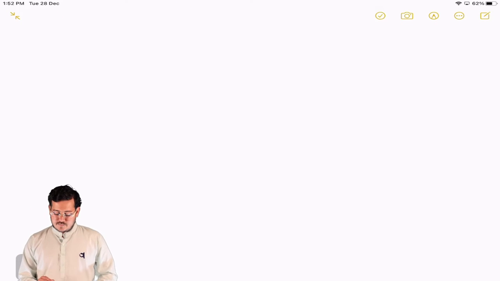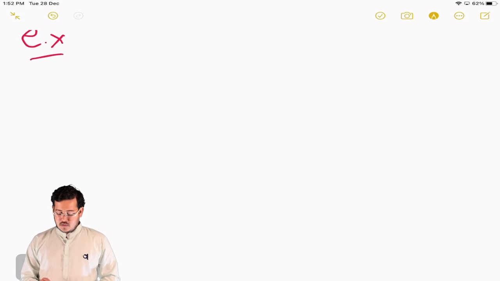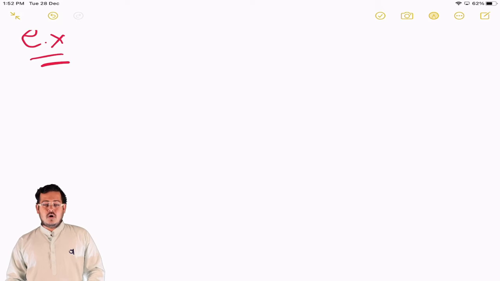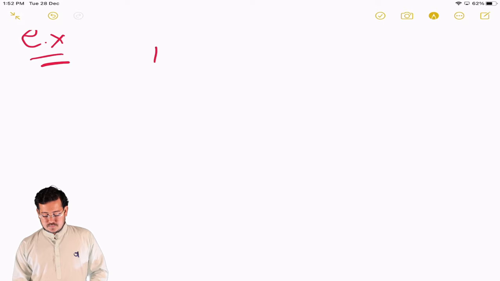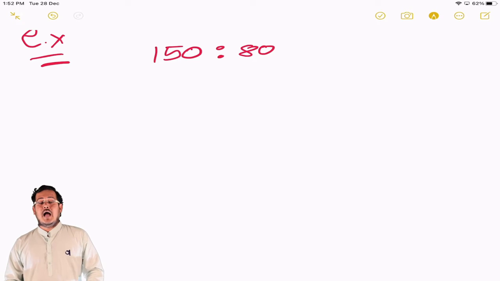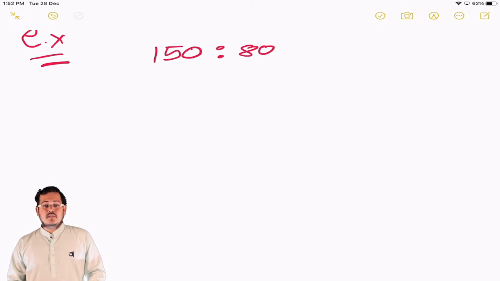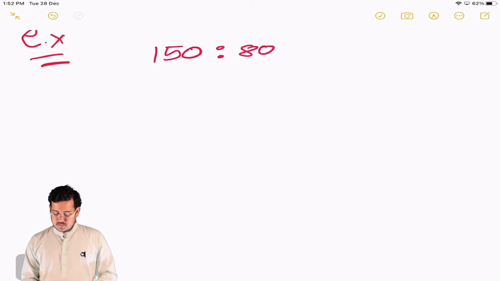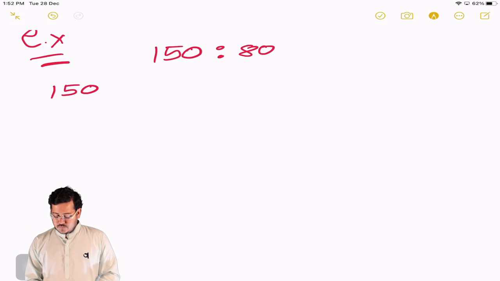So my second example of the lowest term or the simplest form is the ratio 150 to 80. I have to express this ratio in the lowest term. First of all, I will write down the question, 150 upon 80.